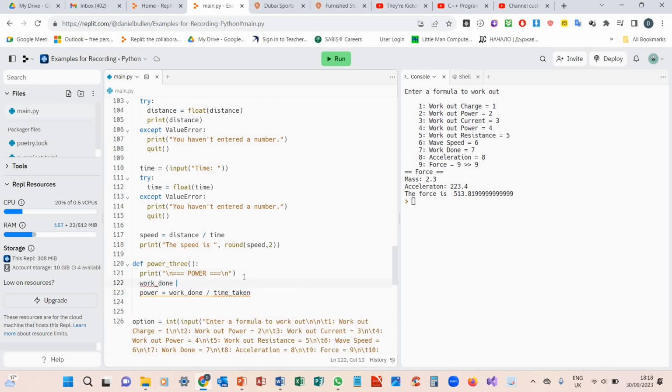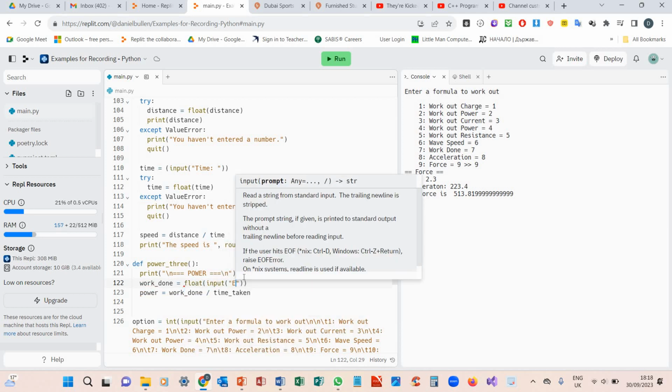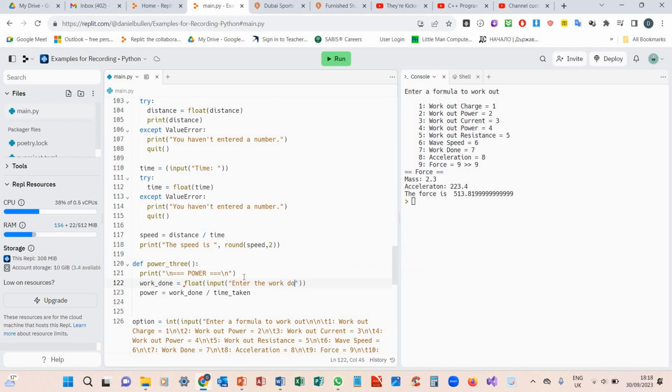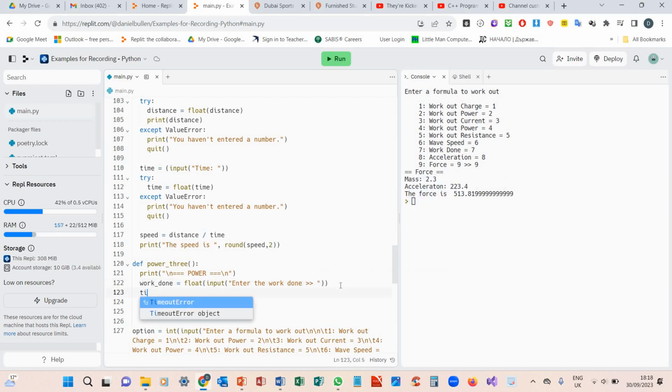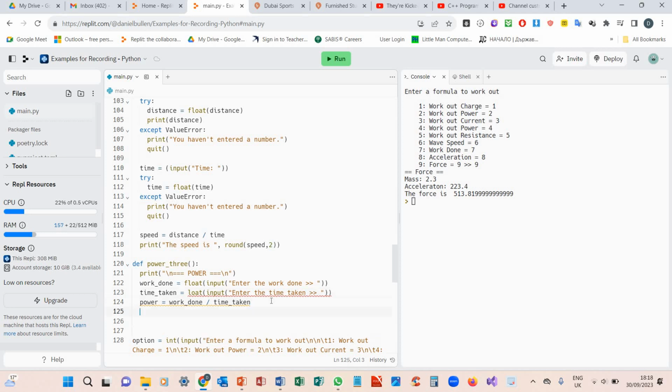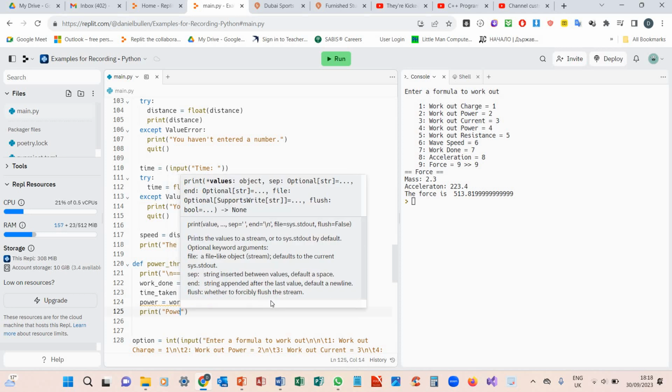Work done will be float input, enter the work done. Then we're going to do time taken. And then we're going to do a nice little float here, and we're just going to say time taken. Then we're going to print power.